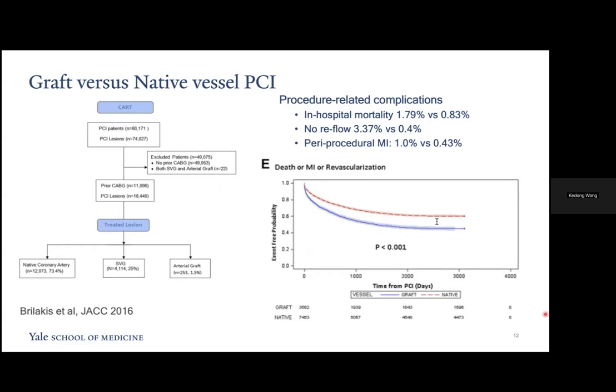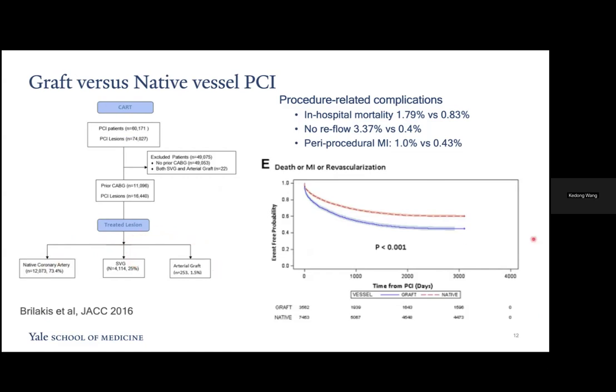This is a VA study, another VA study that took place from 2005 to 2013. They looked at quite a large cohort of patients. Overall, there were 11,000 patients who had prior CABG. They looked at whether their native vessels were treated versus their SVG versus arterial grafts.